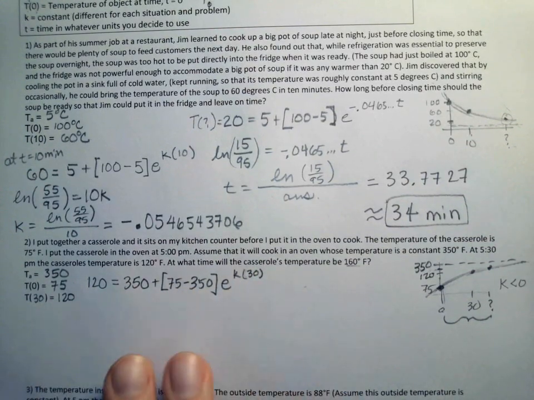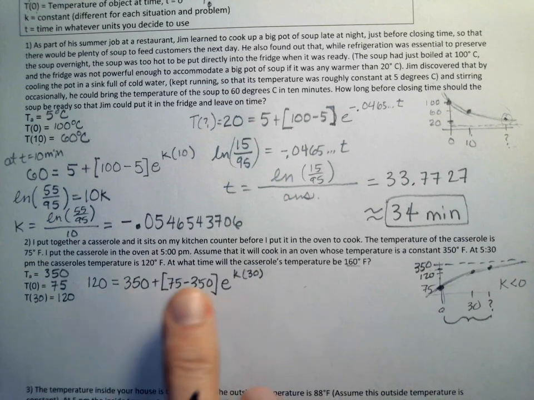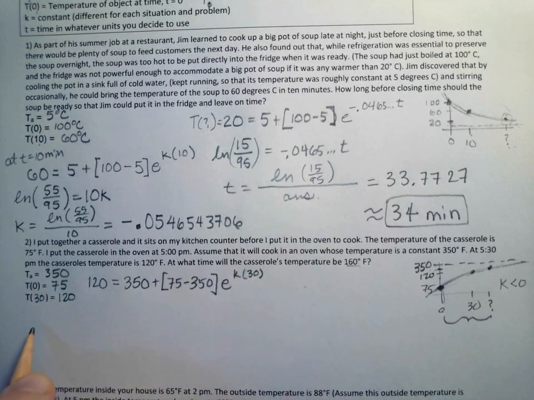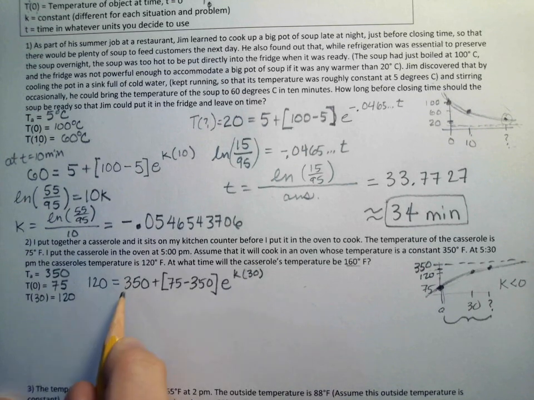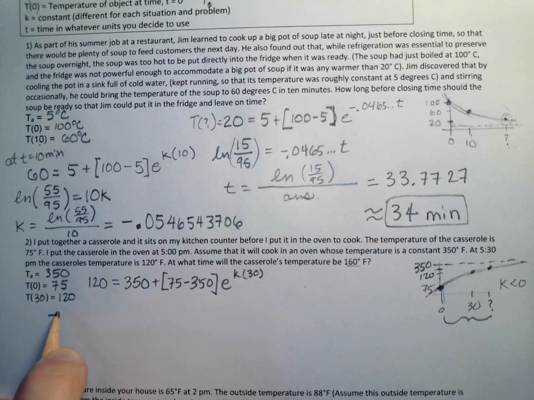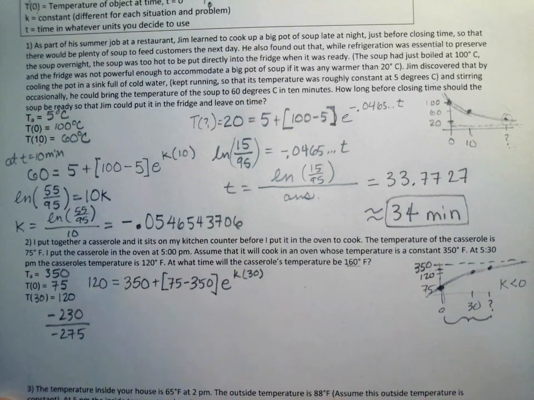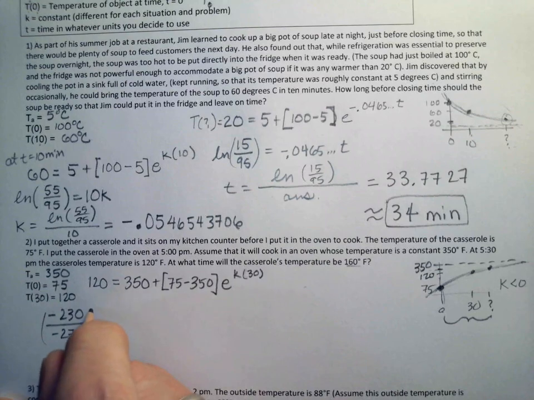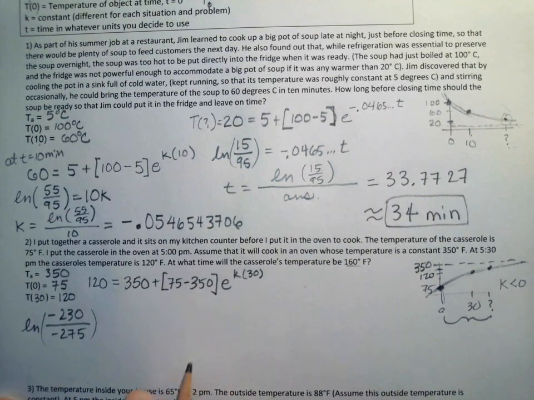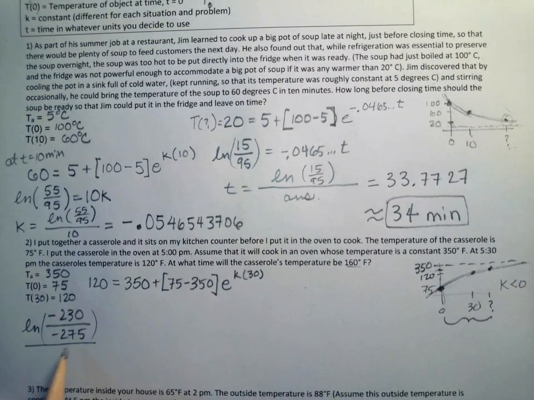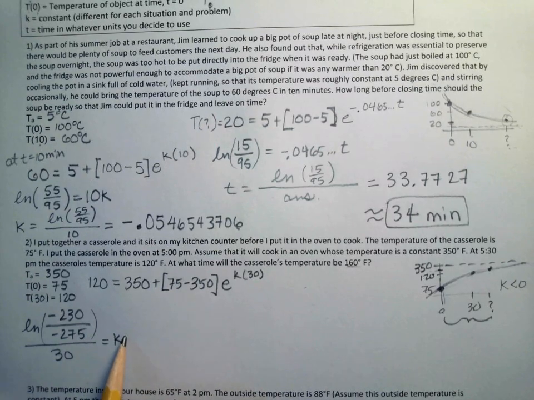So you solve that for k: bring the 350 over, subtract it, divide by this, and then take the natural log, bring this stuff down in front. Same kind of thing. When we subtract 350, we get negative 230 divided by the difference of these, which is negative 275. So both negatives are going to cancel. That's fine, so our argument is going to be positive. So we take the natural log, and that's going to be equal to 30k. So let's just divide through by 30, and that should equal k.